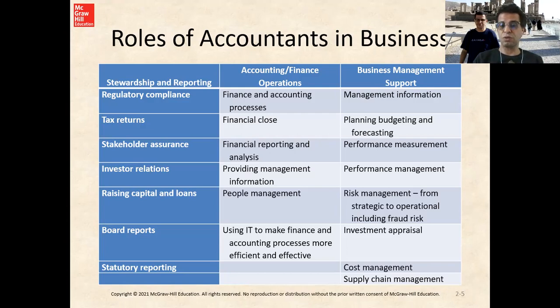Stakeholder assurance means you make sure to do financial reporting and analysis, and once again, performance management measurements. Investor relations is providing management information, which is once again performance management.